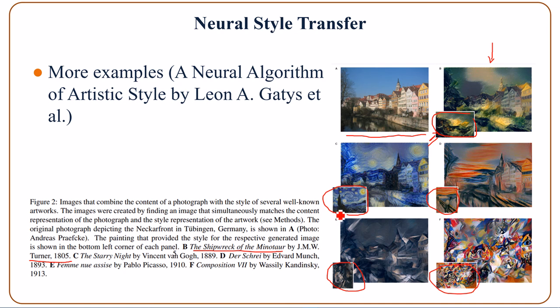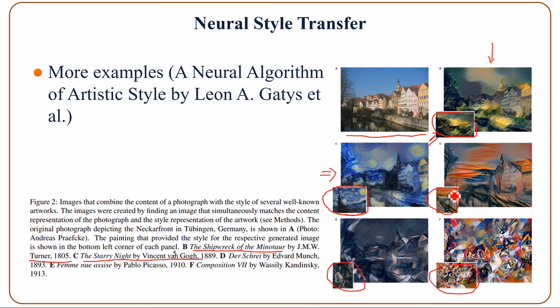In C, the style image is The Starry Night by Van Gogh in 1889. So applying the style from Van Gogh's artwork, the photo is transferred and gets a style that looks like the painting created by Van Gogh.